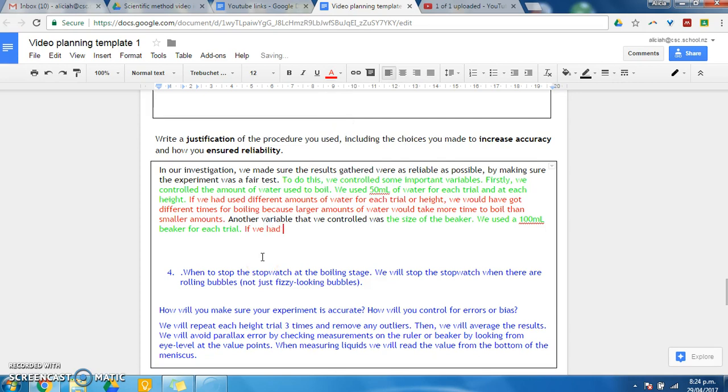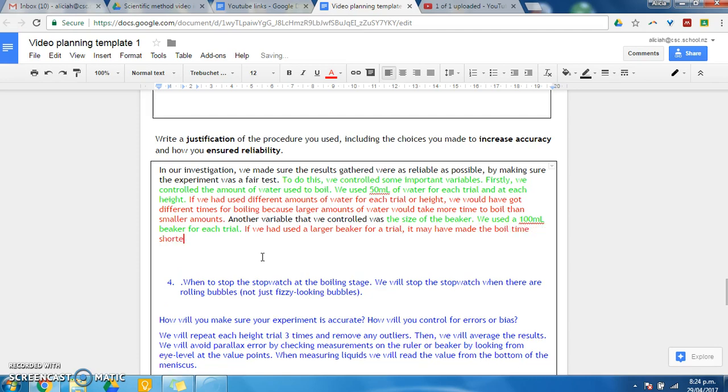If we had used a larger beaker for a trial, it may have made the boil time shorter because the water would have been spread out more and therefore would have boiled faster.